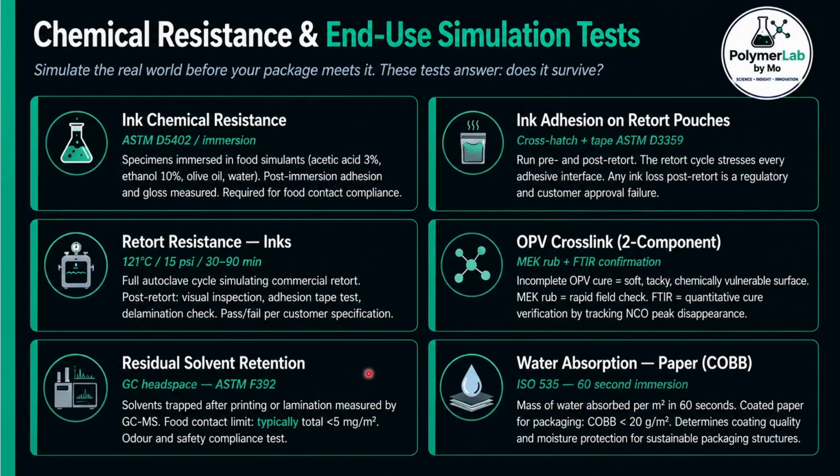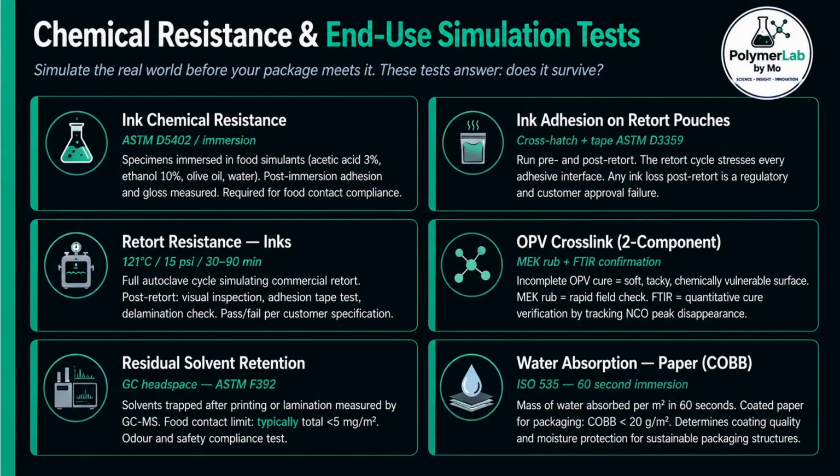We measure this by GC headspace analysis, a technique sensitive to parts per billion. The food contact limit for total residual solvent is typically 5 milligrams per square meter. Above that threshold, you have an odor problem at minimum and a food safety concern at maximum.